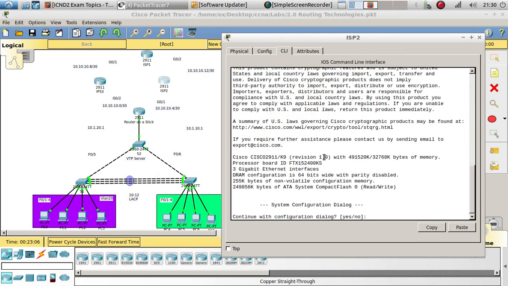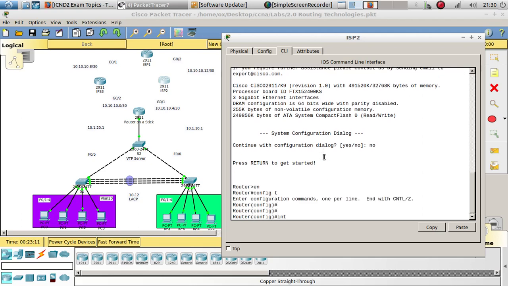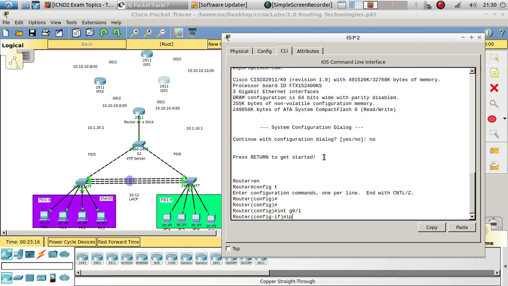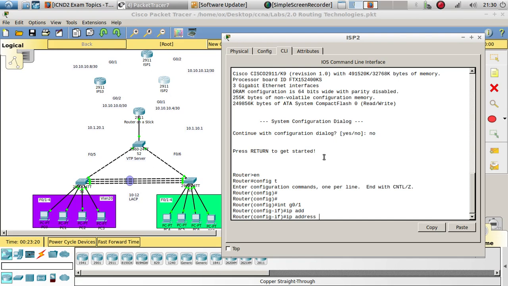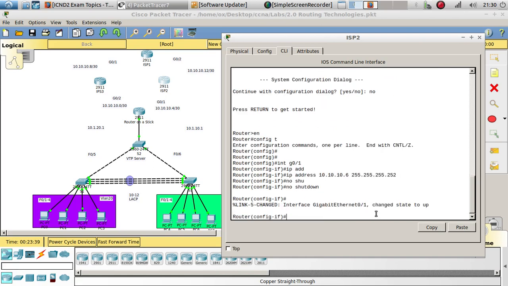Okay. Enable, config T. Interface gigabit 0/1. And this one's going to be 10.10.10.6 because we used 10.10.10.5, right? And 255.255.255.252. Now no shutdown.